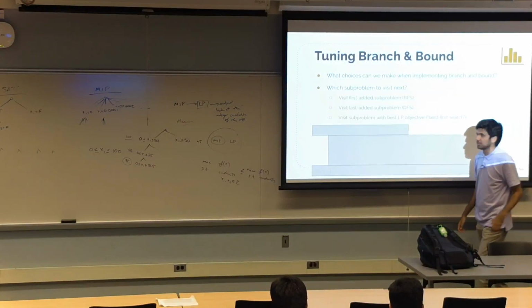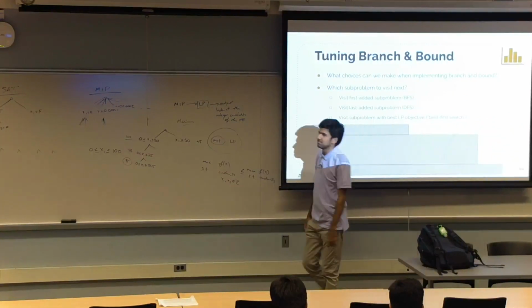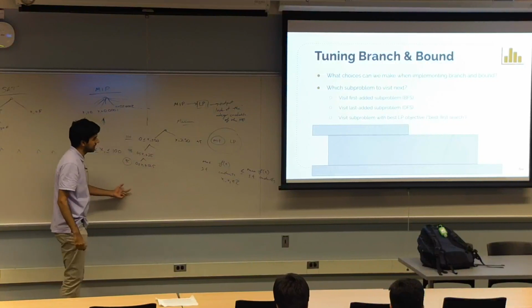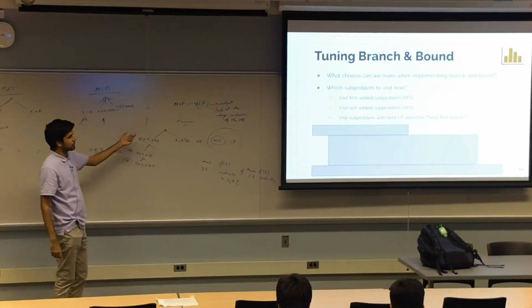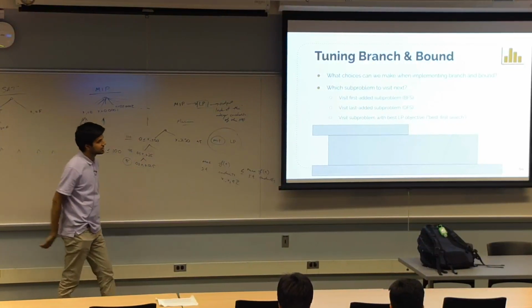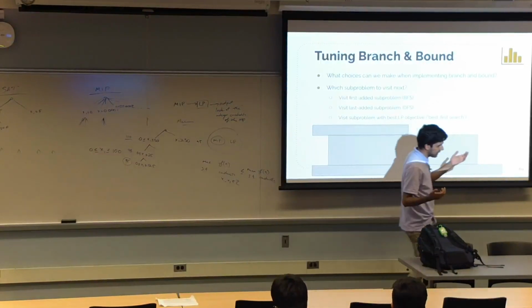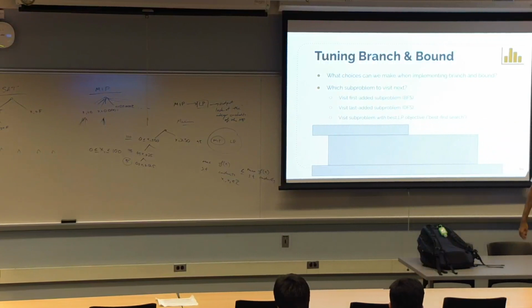The approach we did was sort of a DFS, where you keep going down until you hit a leaf, and then you backtrack up and go down again. That's fine. You could also do a BFS approach. That might work too. You can do a lot of different things, or you can do a best-first search. You're also deciding what variable to branch on.